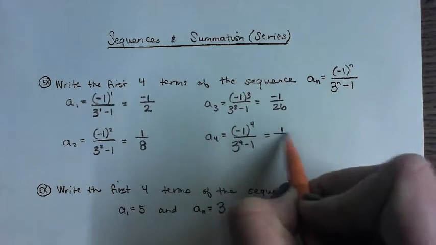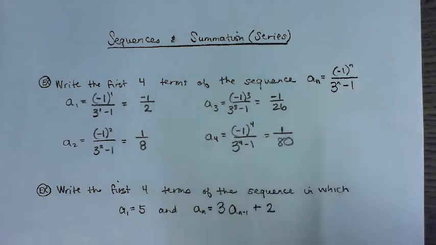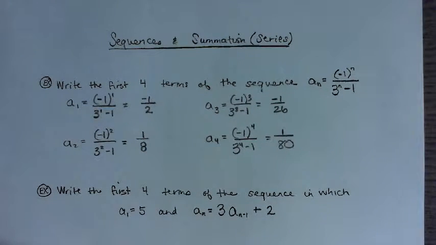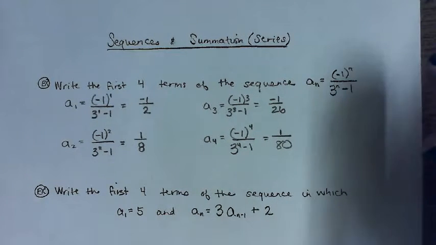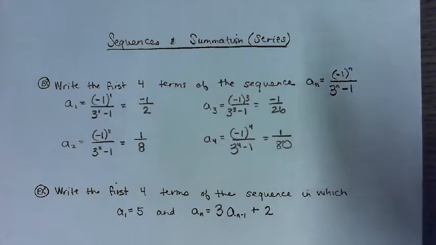It's going to be 1 over 80. So that's just a straightforward rule, just plug in your numbers.